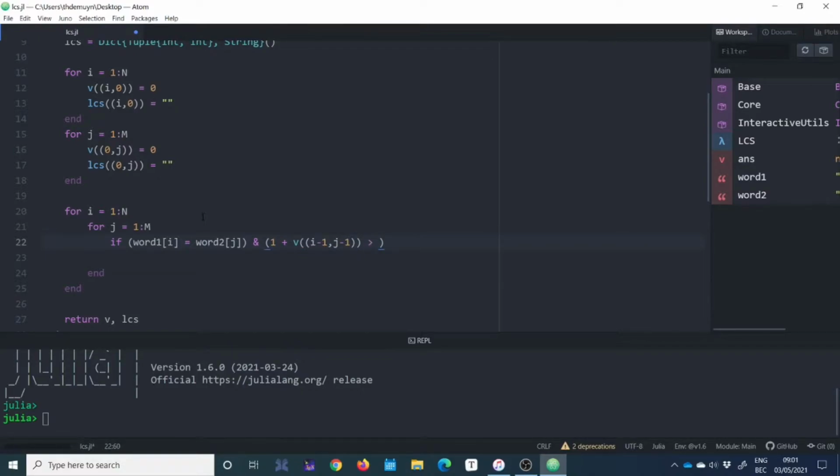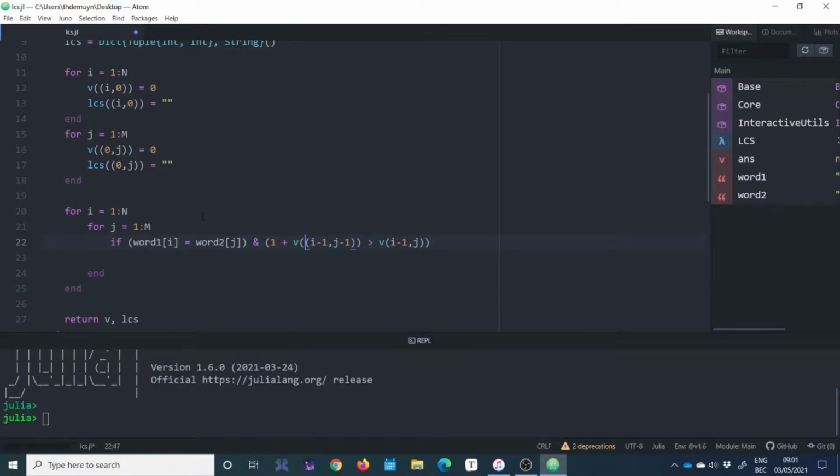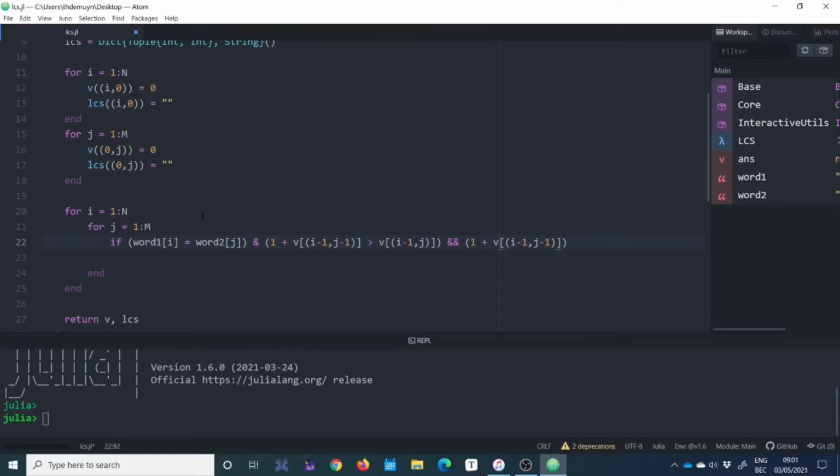If this is bigger than v of i minus 1, j, I have to use square brackets here, sorry, and within I have a tuple. And if it happens that 1 plus v of i minus 1, j minus 1 is bigger than v of i, j minus 1, so I have these three cases.